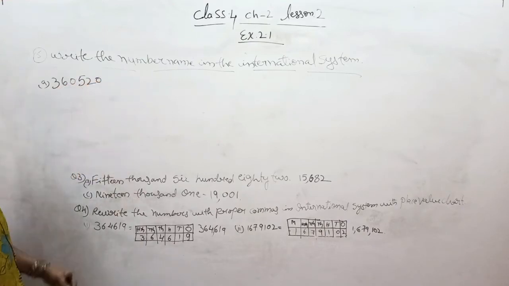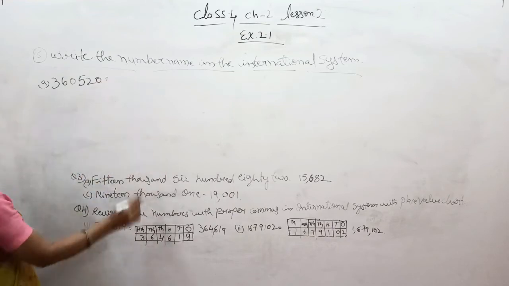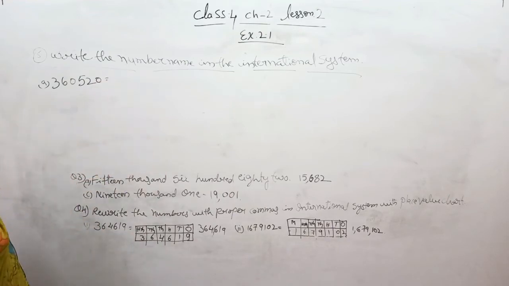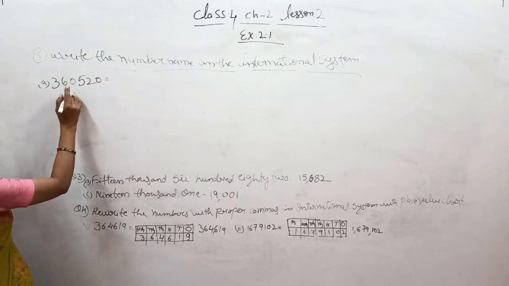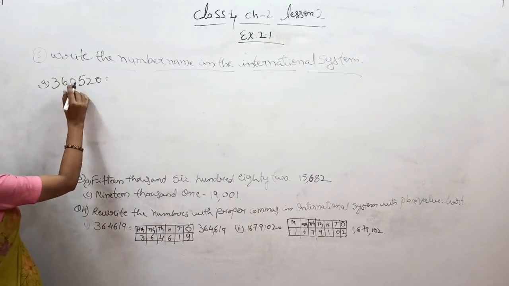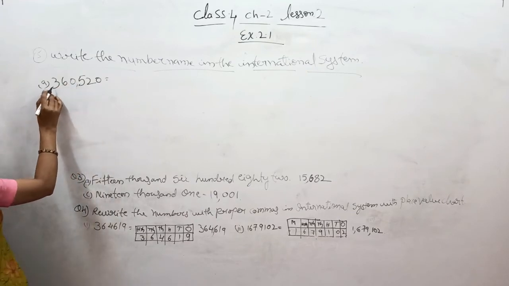Now first we have to put the commas on the basis of the international system, that is ones, tens, hundreds, comma, then 1000, 10,000 and 100,000.